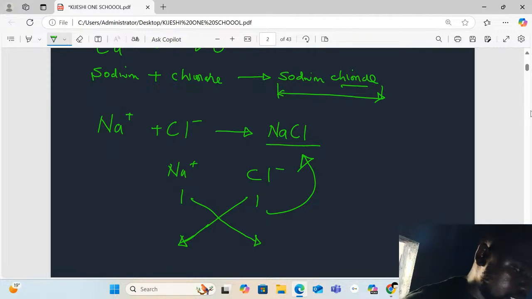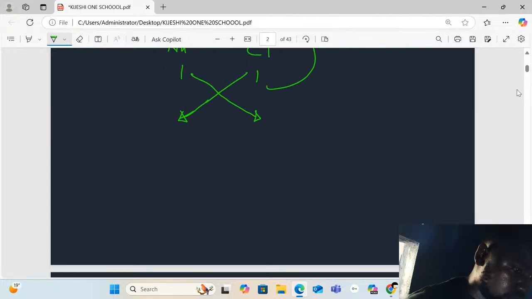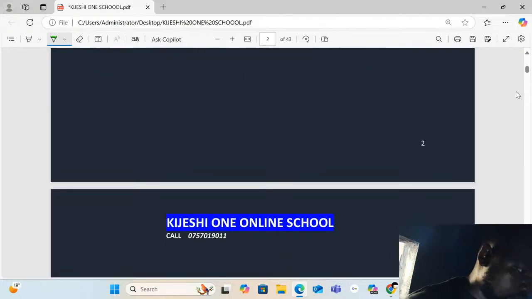Now we may proceed to another example, and this will be something to do with magnesium and oxygen.